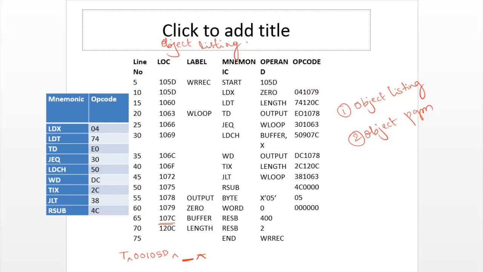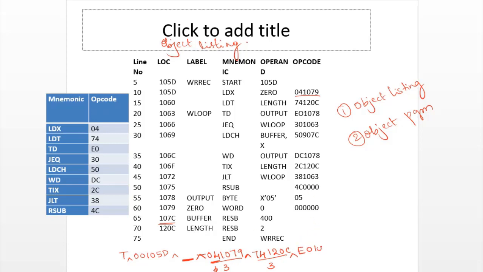What is the first object code? The first object code is 041079. Next object code, 74120C. 2 columns, 1 byte. So how many bytes have I occupied already? 3 bytes here, 3 bytes here. Next, what is the next object code we are having?